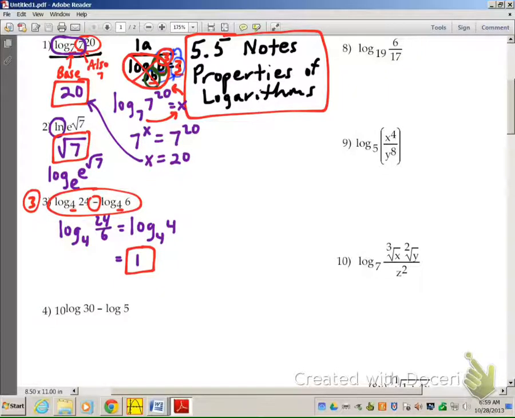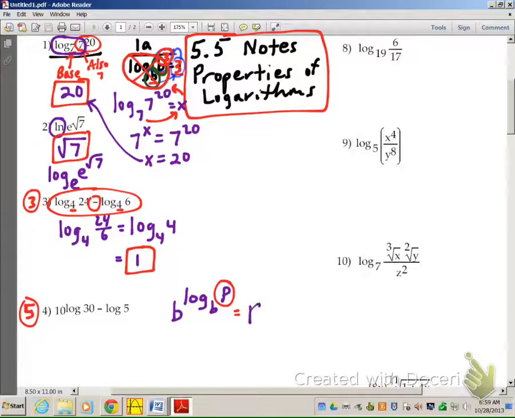Now, we're going to look at property number 4. For example number 4, we look at property number 4. Is that right? No, it's not right. It's not 4. It is 5. So property number 5, we have a base raised to a log with the same base. When you have a base b to the log base b of some number, well, guess what?